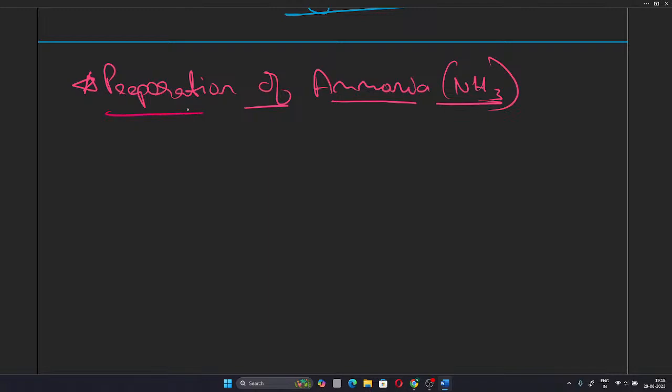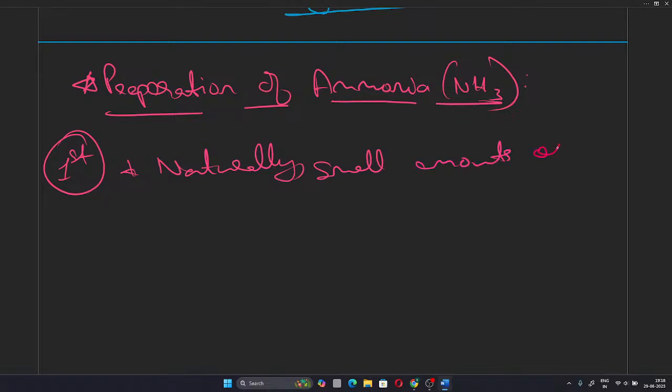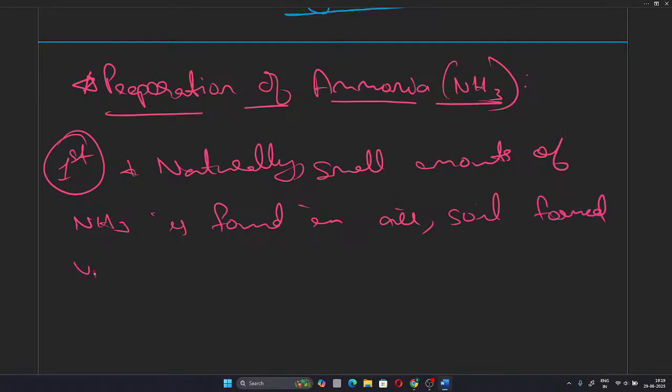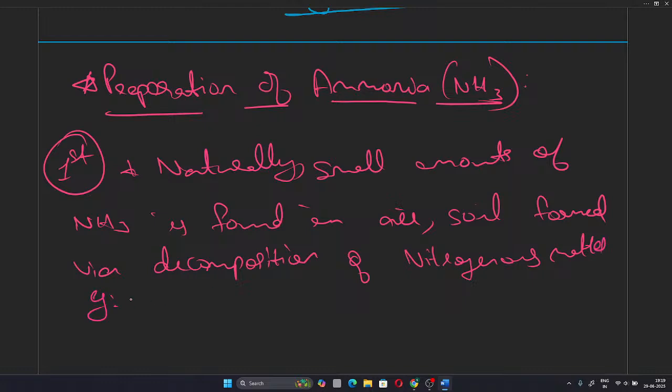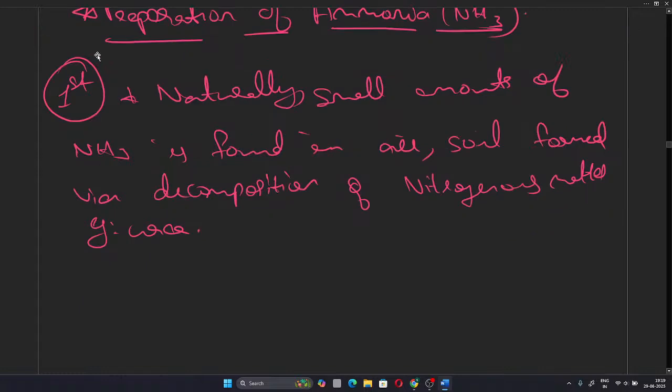Preparation of ammonia. First method, naturally small amounts of NH3 are found in air and soil, formed via decomposition of organic matter or nitrogenous matter. Example, urea.